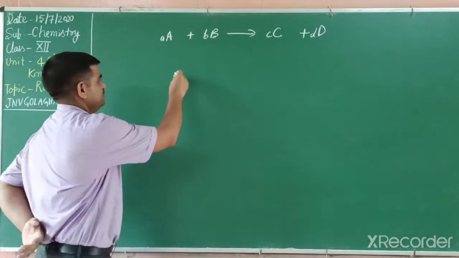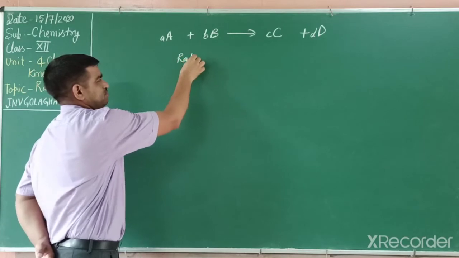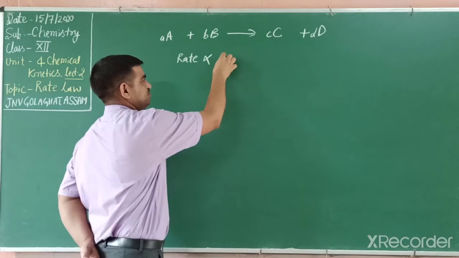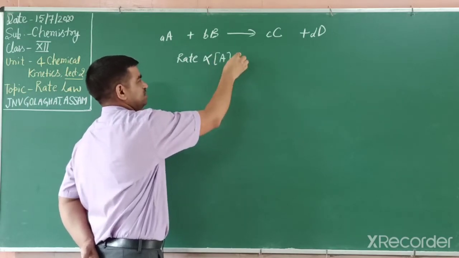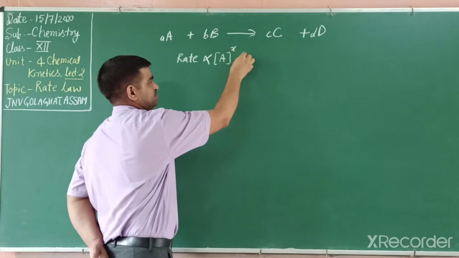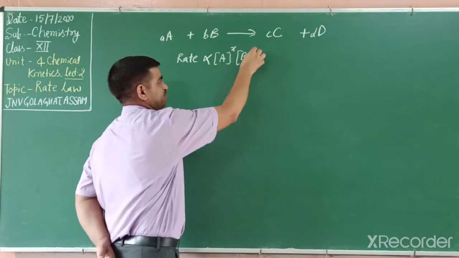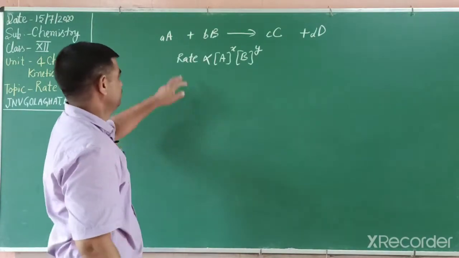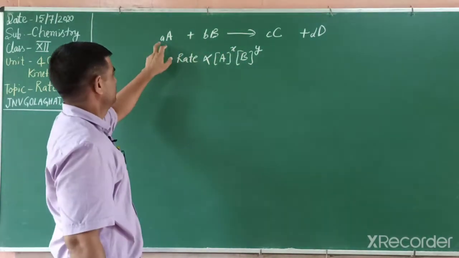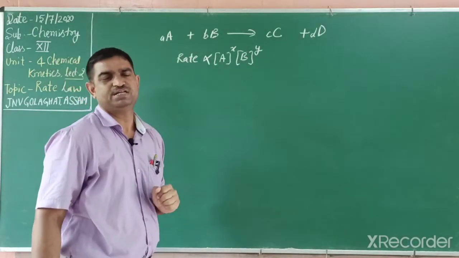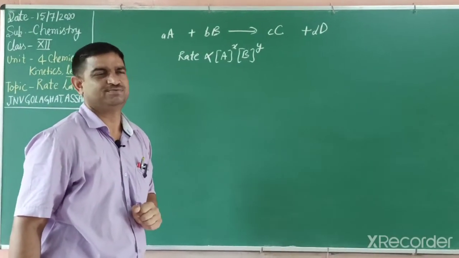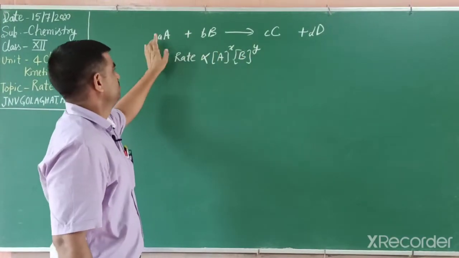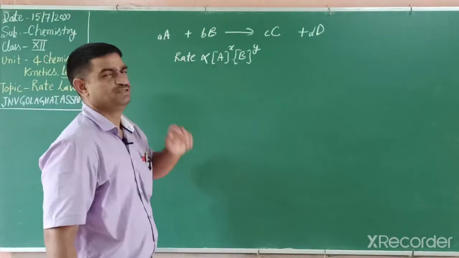So we can write rate of reaction is directly proportional to concentration of reactant A, power we write x, and concentration of B, power we write y. You can write alpha, beta or other also. But a and b are stoichiometric coefficients in the balanced equation. x and y are some powers, and that power may or may not be equal to these coefficients.